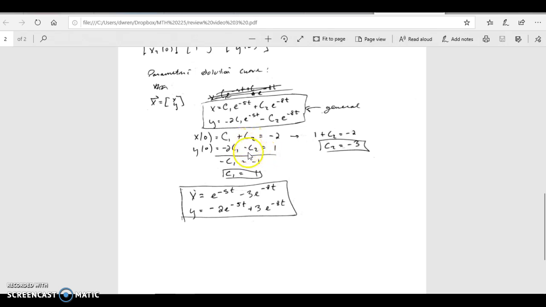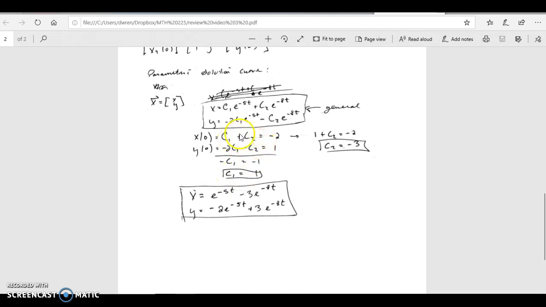Now we can make this a system, add them, cancel out the c2's, and solve for c1. You get c1 minus 2 c1, or negative c1, c2 minus c2 being 0, and negative 2 plus 1 equals negative 1. Flipping the minus signs, c1 simply equals 1.